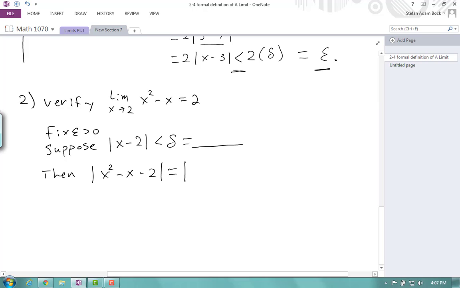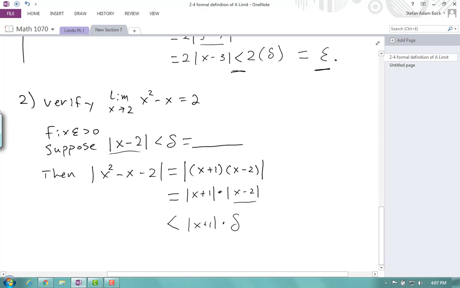I can factor this like x plus 1 times x minus 2. And I can split up the absolute values to make it look like this. They kind of distribute across multiplication. And I have my x minus 2 here, so I can go ahead and replace it with the delta like I did before. So I'll write that like this, less than x plus 1 times delta.